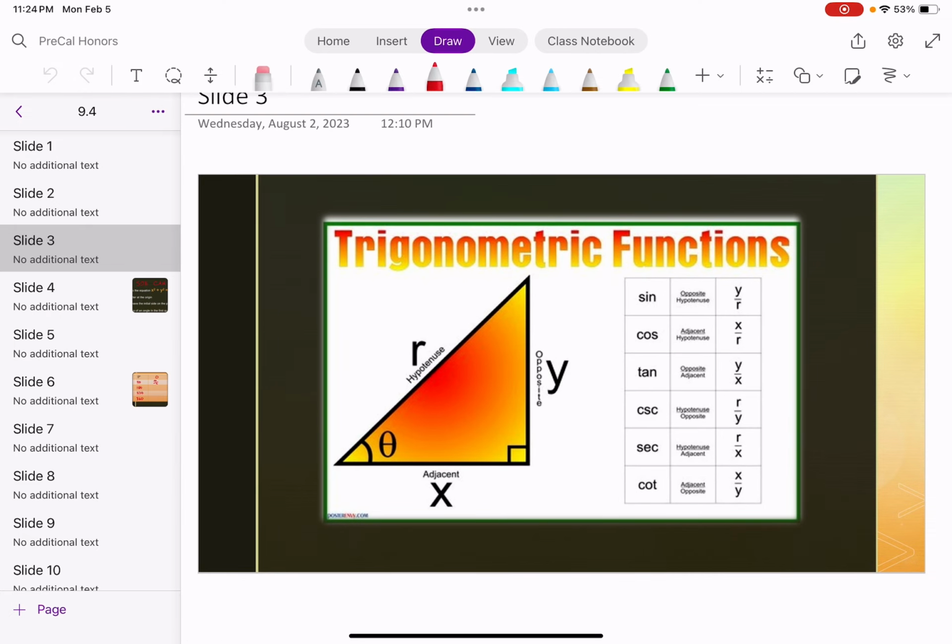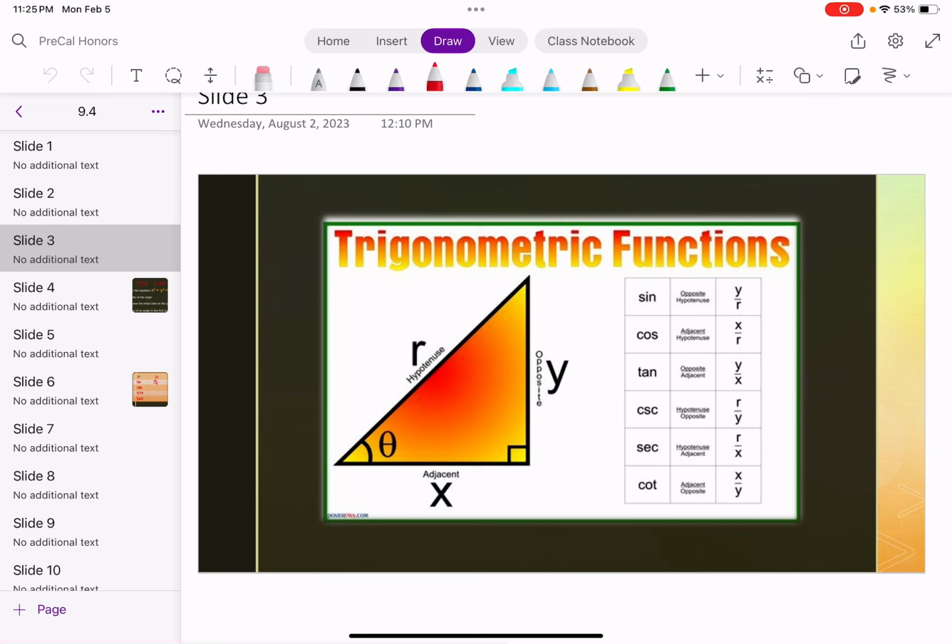With slide 3, we're ultimately looking at our trig functions. Now, with each one of these trig functions, even though, yes, we are looking at sine, cosine, tangent, our cosecant, secant, and cotangent, it's understanding how this all plays a role within the unit circle.